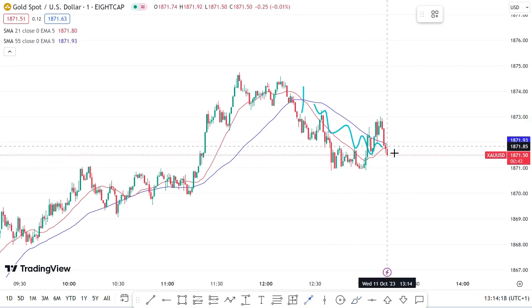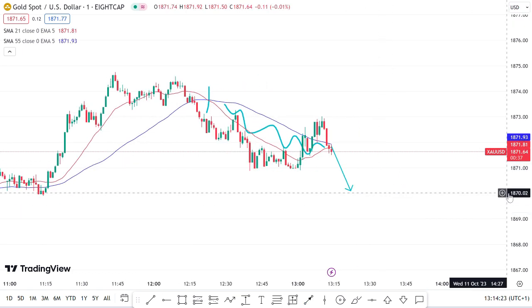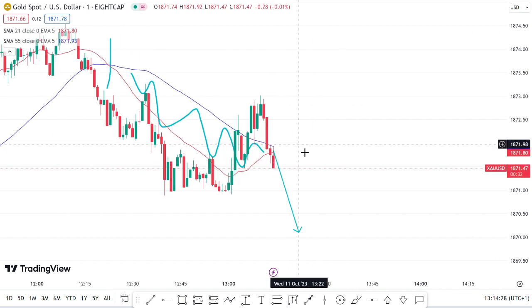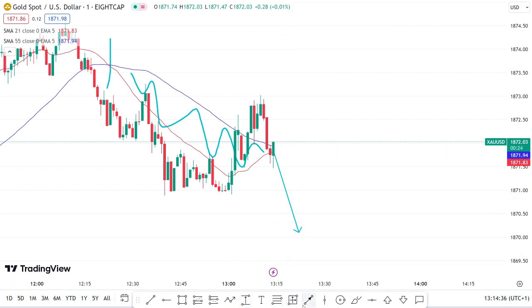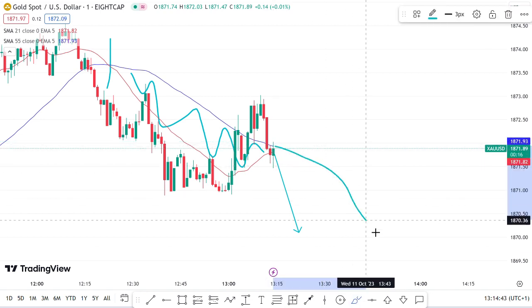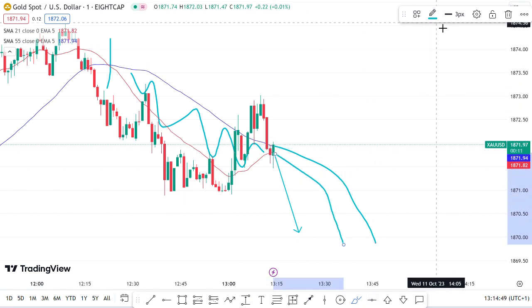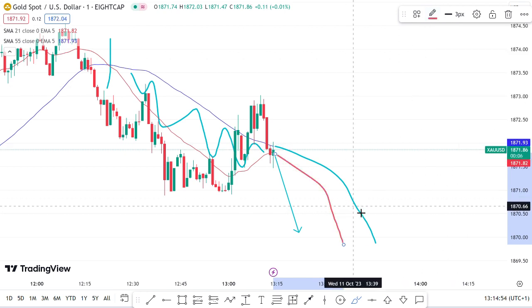But if you can notice, somewhere here, guys, we are pushing down, and you can see that the 21 EMA and the 55 EMA are getting narrower. But once we have the 55 EMA above the 21 EMA, let me use these as red and these as blue.